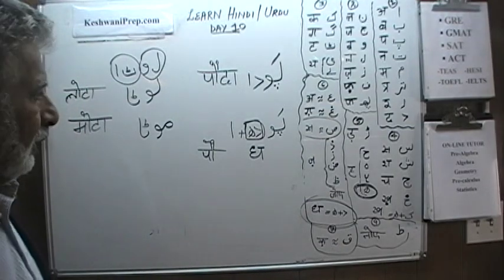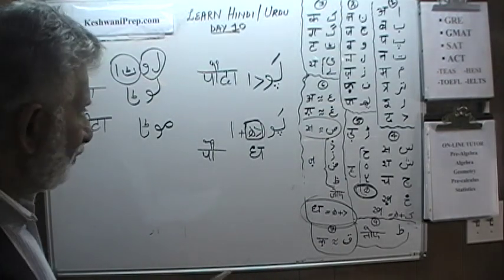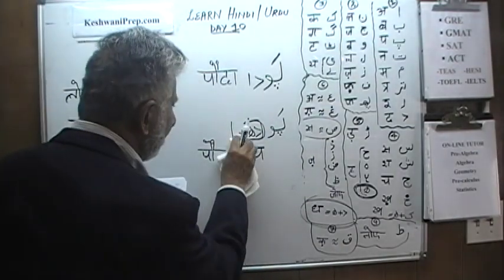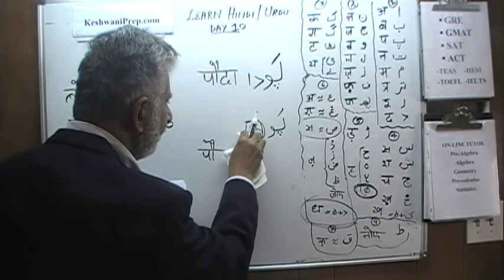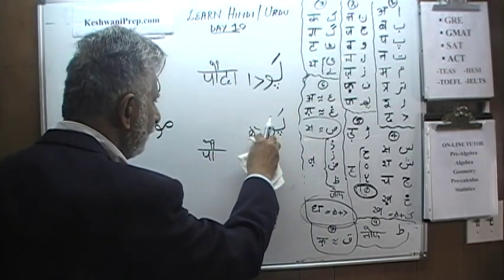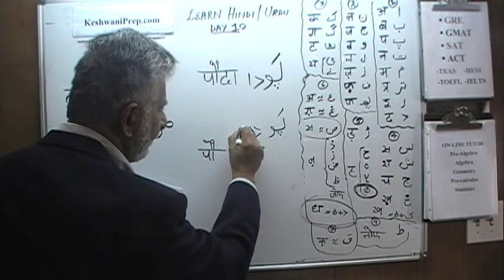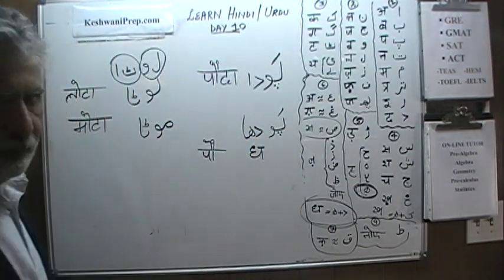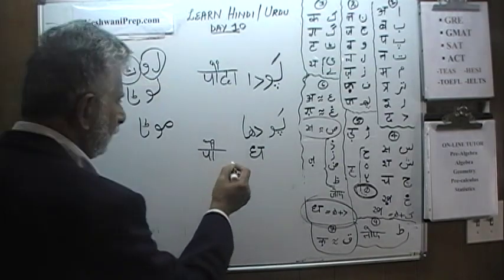It's one letter. But when it joins with the alif, what happens is that this alif gets up and joins the hey here. It becomes poda.